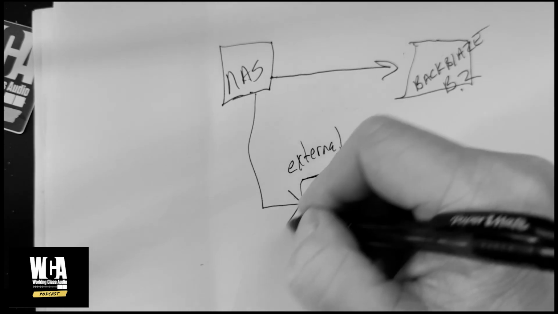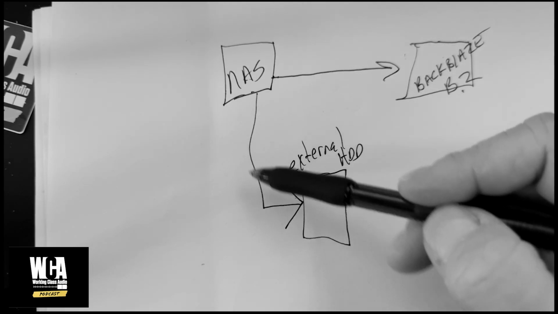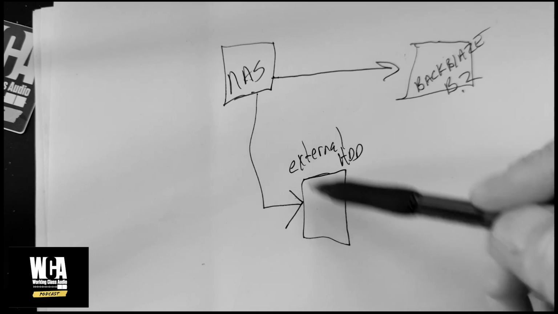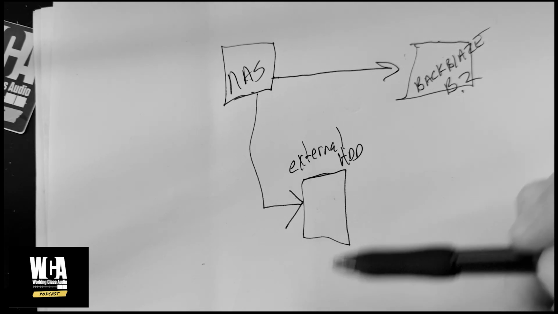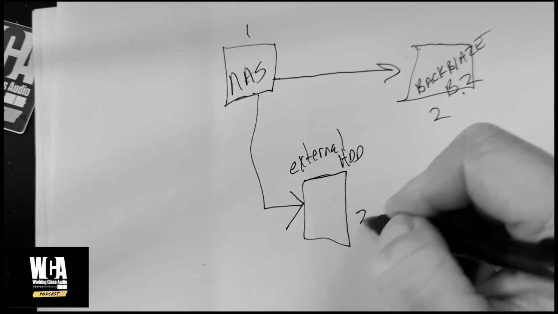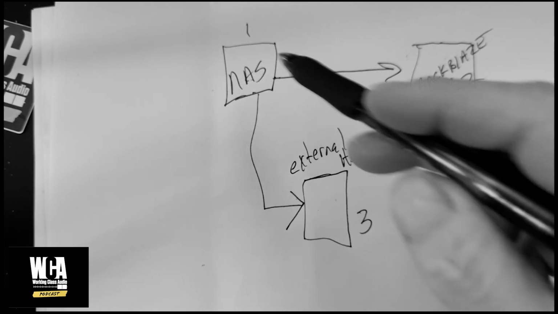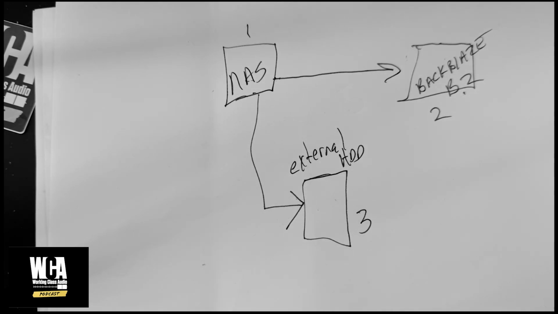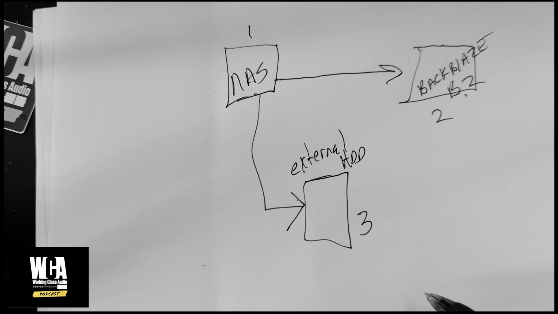And the NAS has a separate script that says it's going to back up everything in the client folder every day to the external hard drive. So we have copy 1, copy 2, copy 3. These 2 are local. This is, of course, outside of my studio and home, but I've got 3 copies.